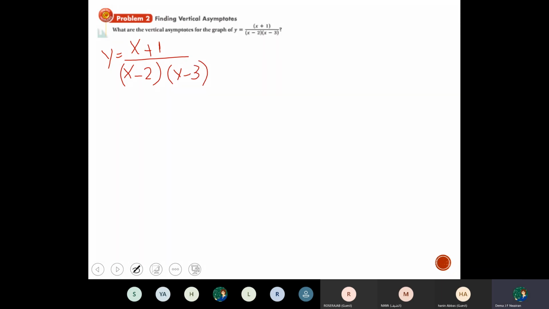So, what about the zeros here? Are they common? No, they are non-common zeros, so I will look at the real zeros of the denominator.